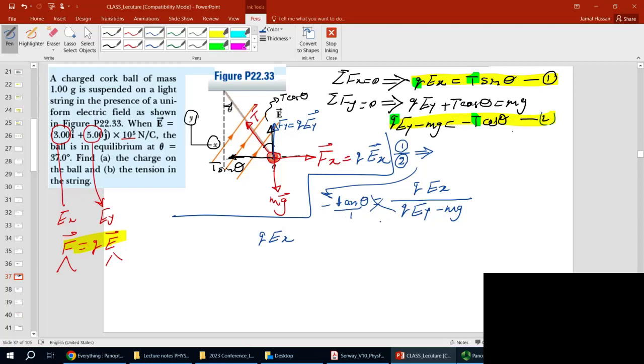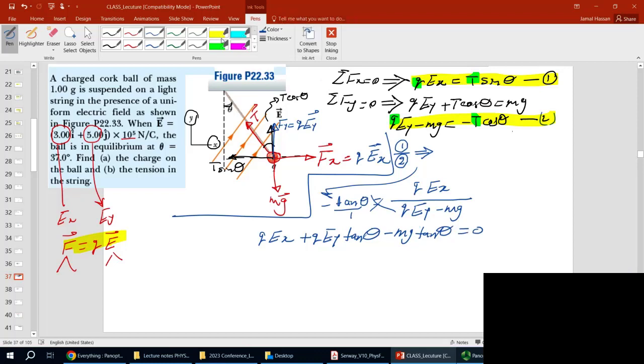So it's going to be QEy tangent theta, minus, minus positive, I'm going to move it to the left, it's still negative, so mg tangent theta equal to 0.